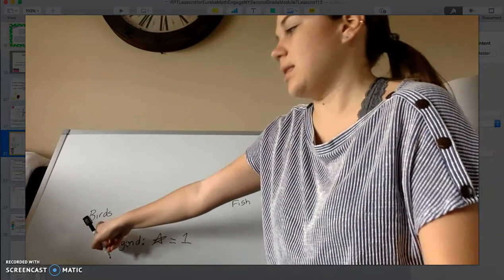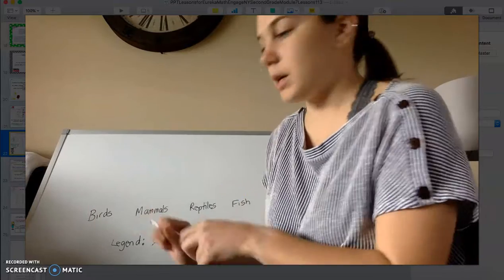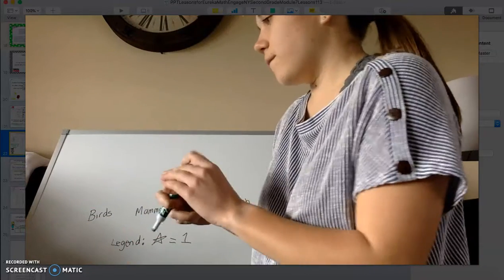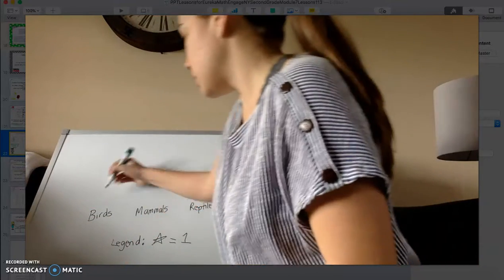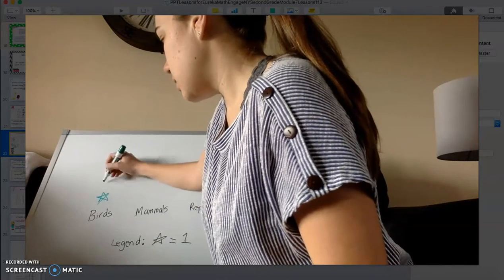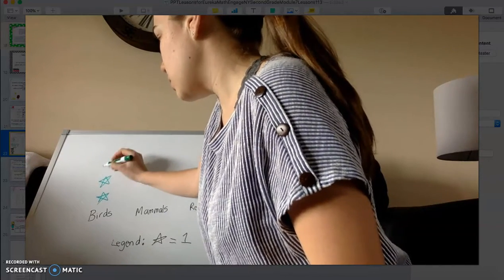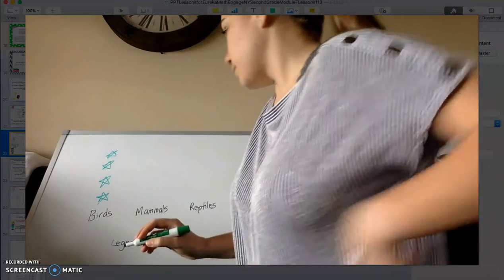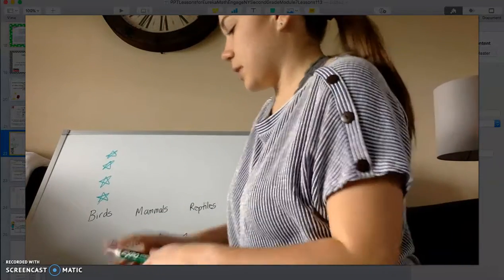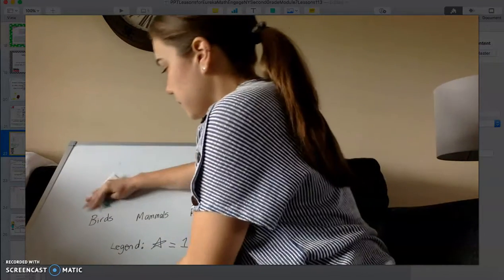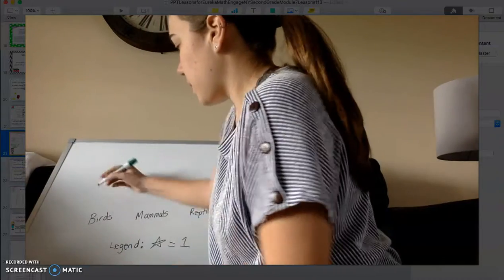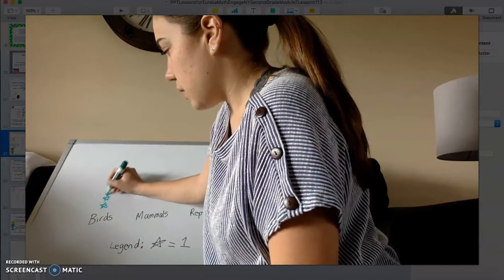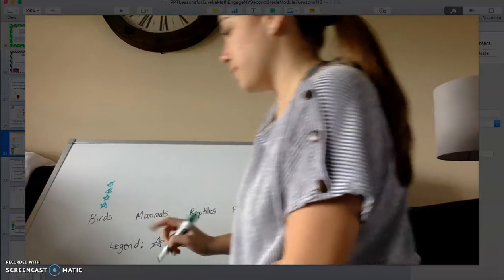So we said, and it said that there was 4 birds. So I'm going to draw 4 stars. 1, 2, 3, 4. I'm going to actually make them a little smaller. 1, 2, 3, 4.